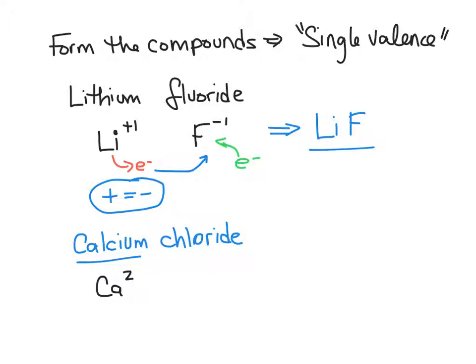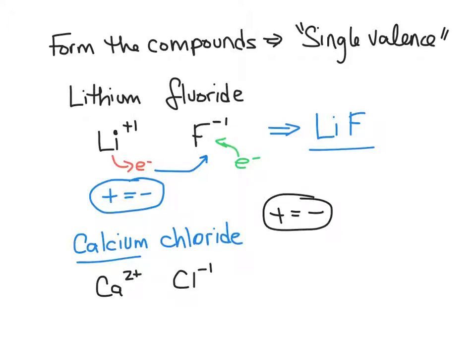Ca has a charge of 2+, which means what? It means it's going to give away 2 electrons. Chloride, on the other hand, has a charge of -1, or 1-. Okay, so calcium is +2, chloride is -1. Giving away 2, accepting 1. The goal, again, the pluses are to equal the minuses.